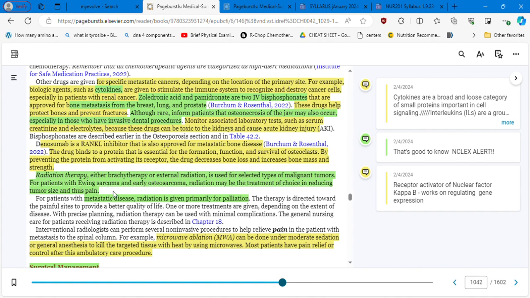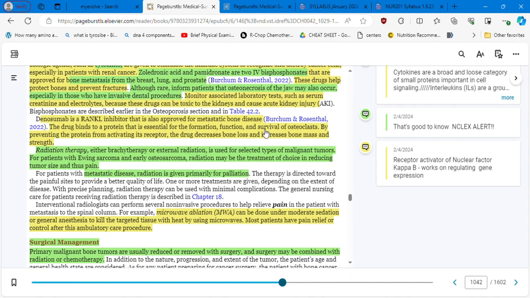For Ewing sarcoma and early osteosarcoma, radiation may be the treatment of choice in reducing tumor size and thus pain. Well, that's something different from what we learned, right? My understanding was that it was only Ewing sarcoma. For patients with metastatic disease, radiation is given primarily for palliation.